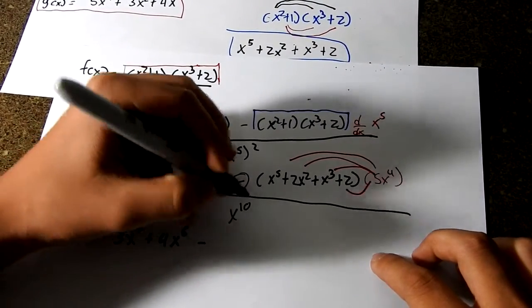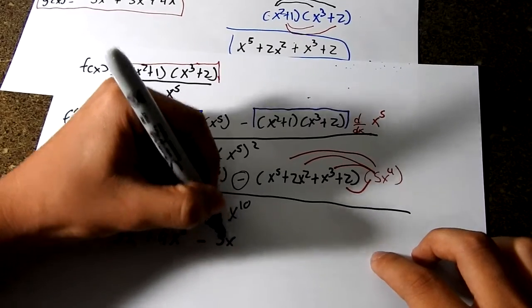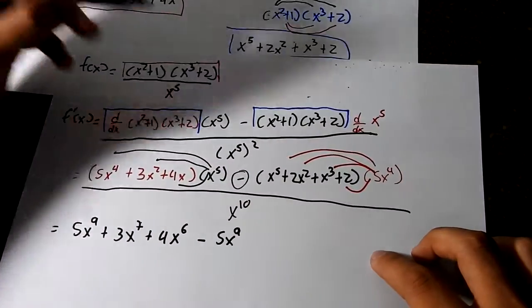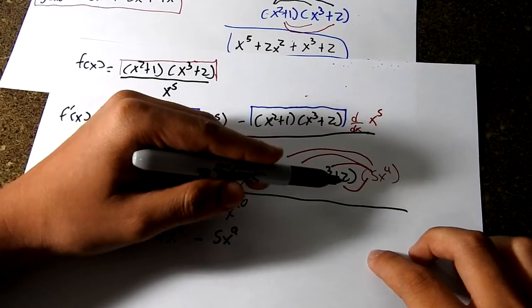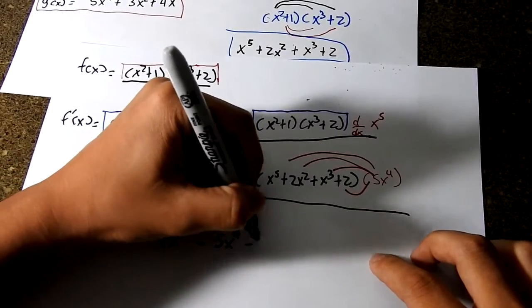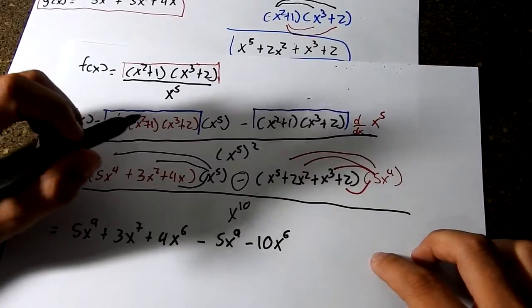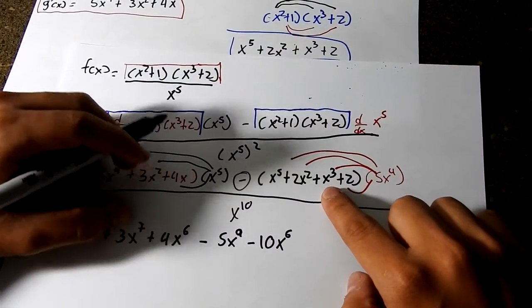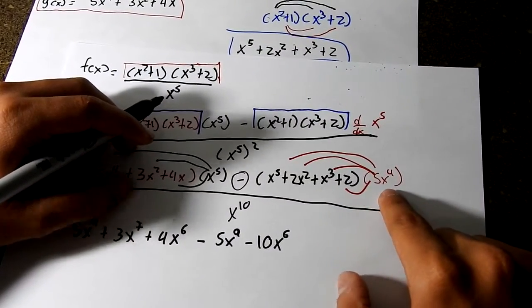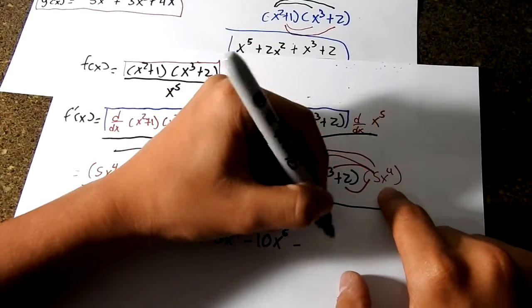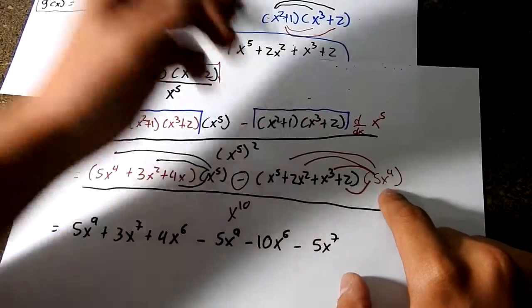That's going to be minus 5x to the ninth power. Then we have 2x squared times 5x to the fourth, minus 10x to the sixth power. And then we have x to the third times 5x to the fourth. That's minus 5x to the seventh.